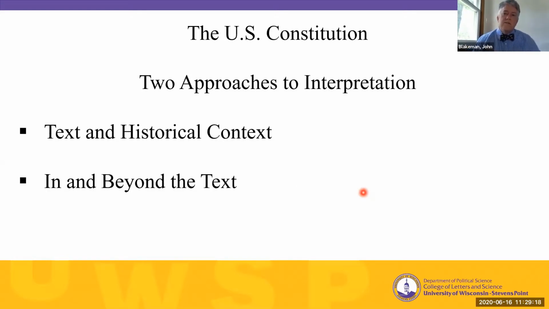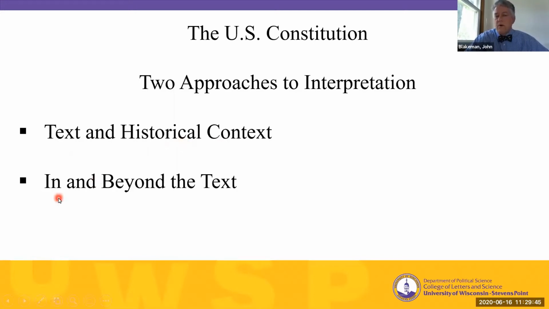So let's look at two main approaches, okay? One is what we call text and historical context. This is where the text, the words of the document, are very important and are first and foremost in how we approach the Constitution. Historical context is where we focus on what we call original intent, the intent of the framers, the people who wrote the Constitution.